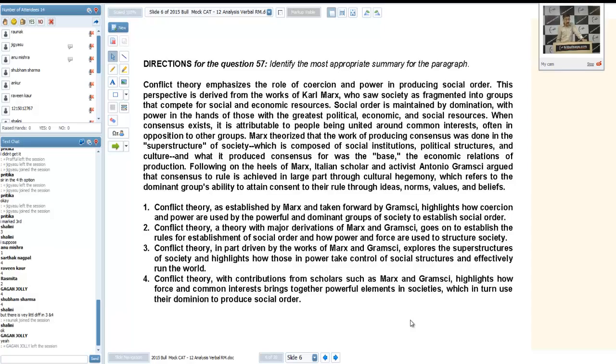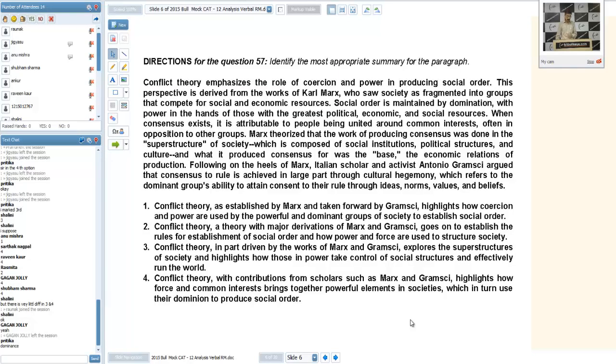Following on the heels of Marx, Italian scholar and activist Antonio Gramsci argued that consensus to rule is achieved in large part through cultural hegemony. Again, a very difficult word. We can put in difficult words to confuse you, to kill your time. Yeah, Pritika, it's dominance, cultural dominance, which refers to dominant groups' ability to attain consent to their rule through ideas, norms, values and beliefs.